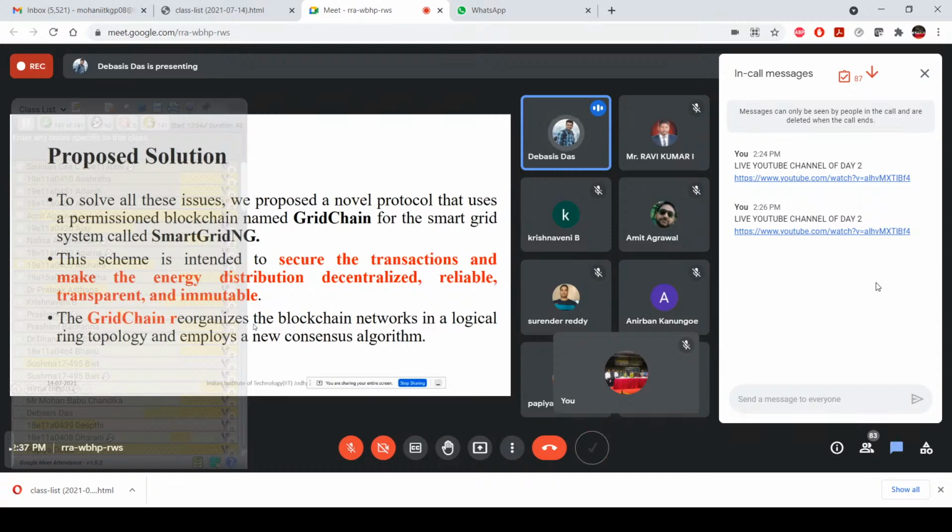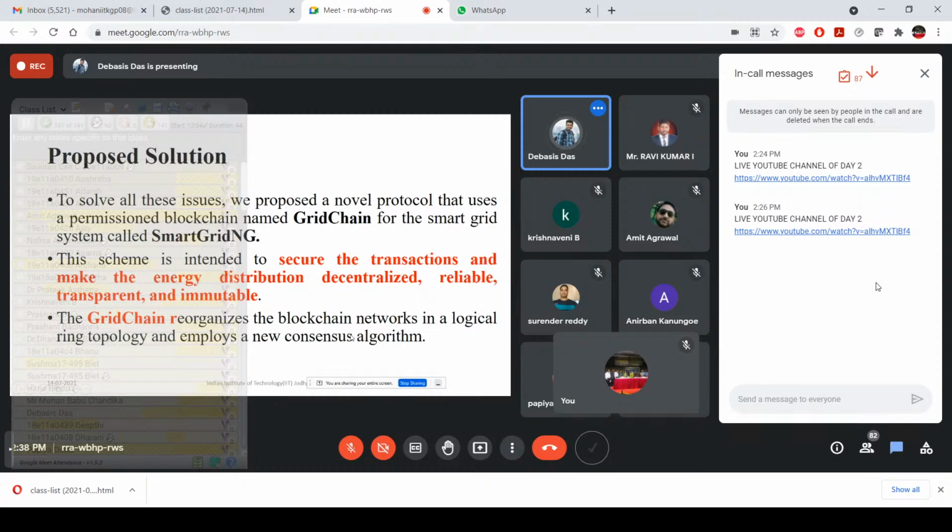That is, we reorganize the block network into a logical ring topology. Inside the blockchain we use the concept of a logical ring for the structure when we generate the blocks. And we also modify the consensus algorithm, so we modify two parameters.